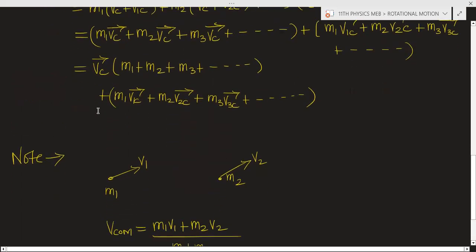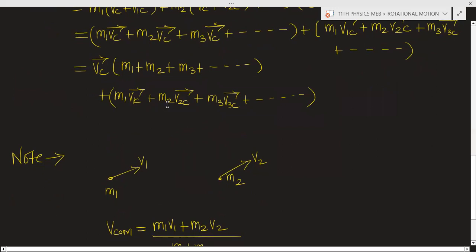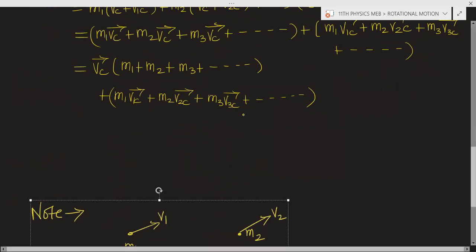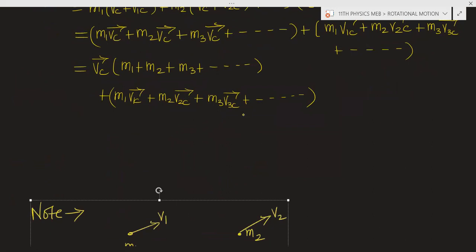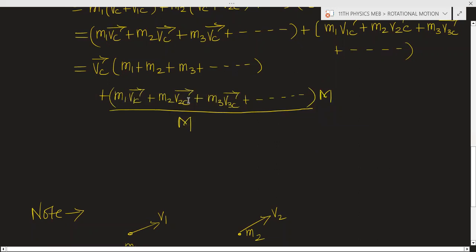Now you can see this part: m1 into v1c, m2 into v2c and m3 into v3c. It looks like m1 v1 plus m2 v2 plus m3 v3. If I divide by the total mass and multiply by the total mass, there will be no effect. So this term is m1 v1 plus m2 v2 plus m3 v3, and capital M is m1 plus m2 plus m3, the sum of the masses.